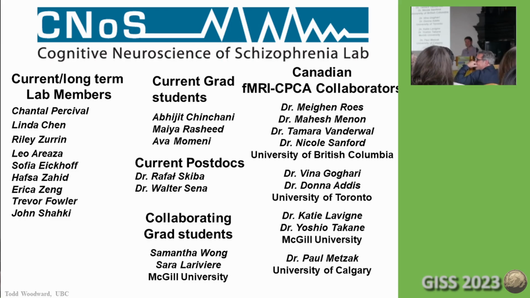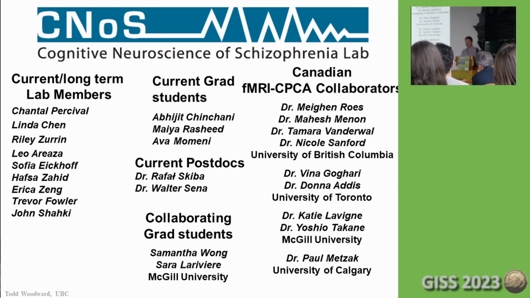What do you think about some of the work that shows that you can predict task-related fMRI using resting state fMRI? So the question is, how can task fMRI be useful or different when we can predict task fMRI from resting state?